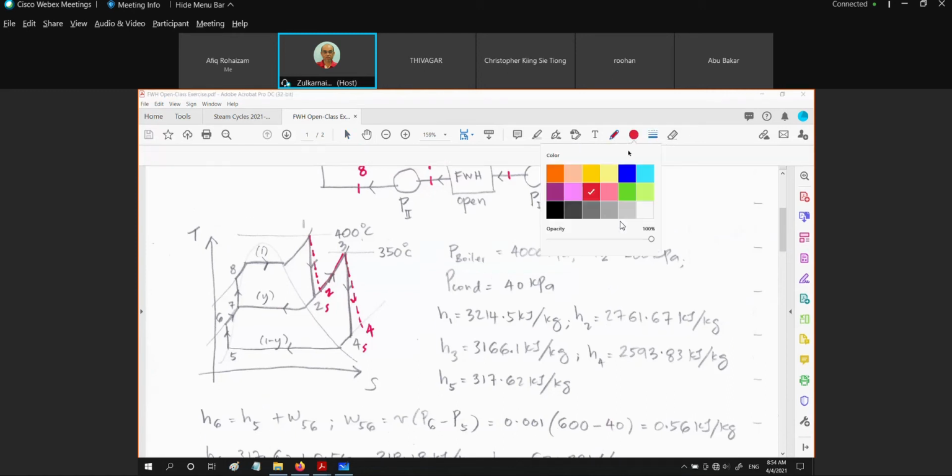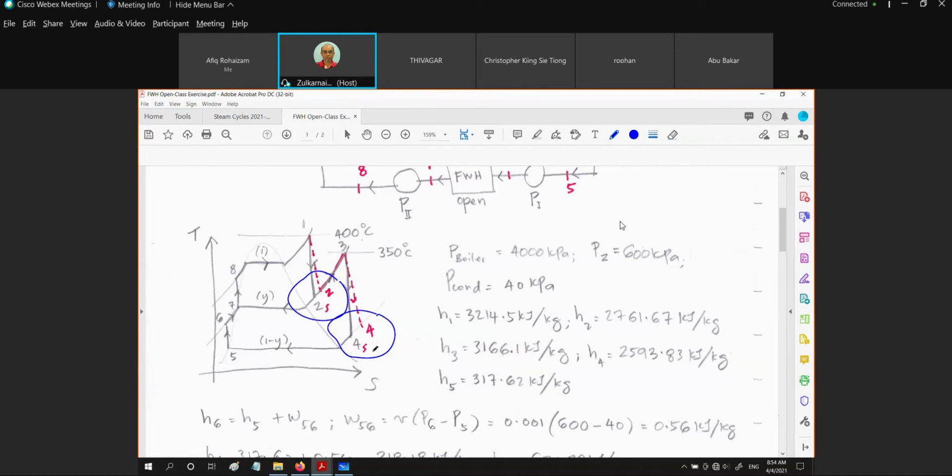You need to determine the state, because you could have 2S mixture and 2 superheated vapor, or both in the superheated vapor region.